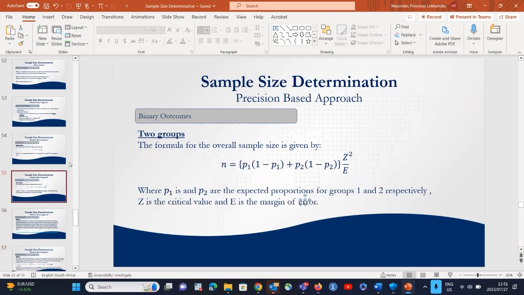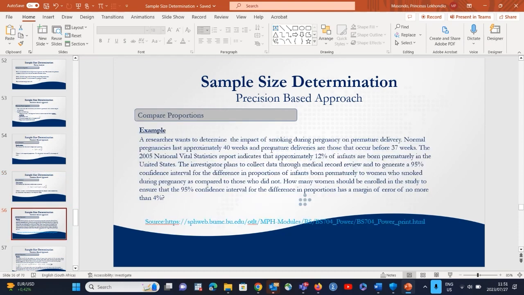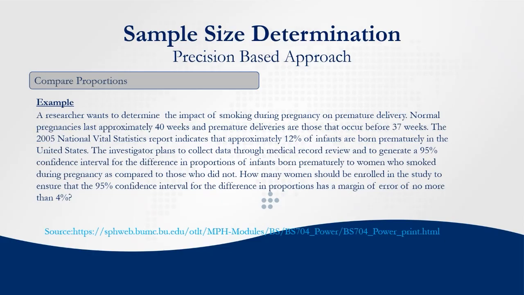The example here that we are using is prevalence. So we have a binary outcome. When we talk prevalence, proportion, we have a binary outcome. Then we can use this example to follow. A researcher wants to determine the impact of smoking during pregnancy on premature delivery.